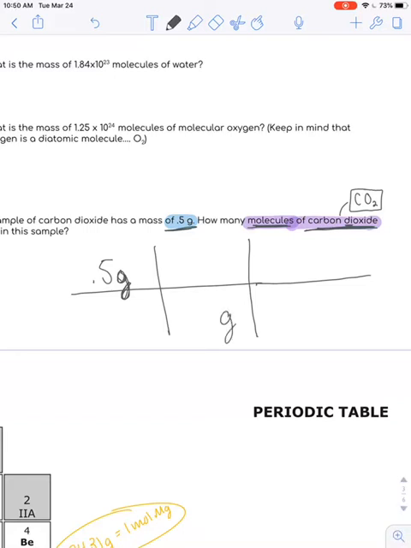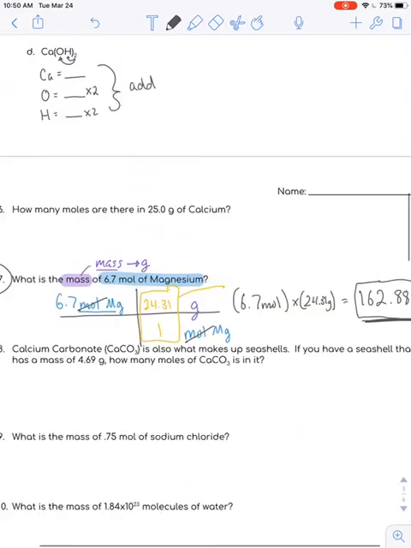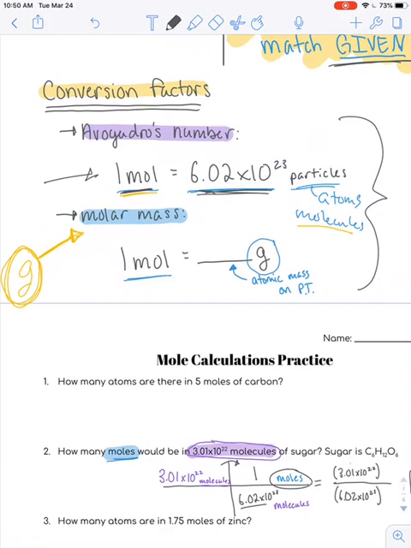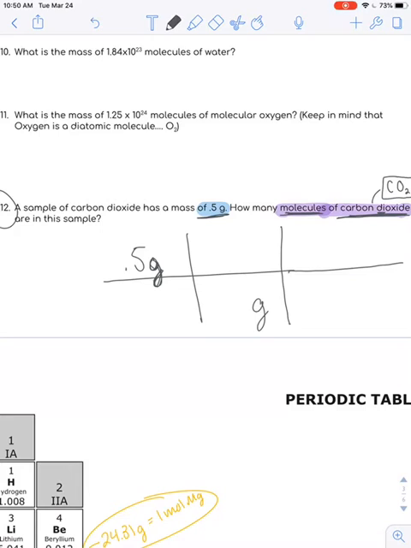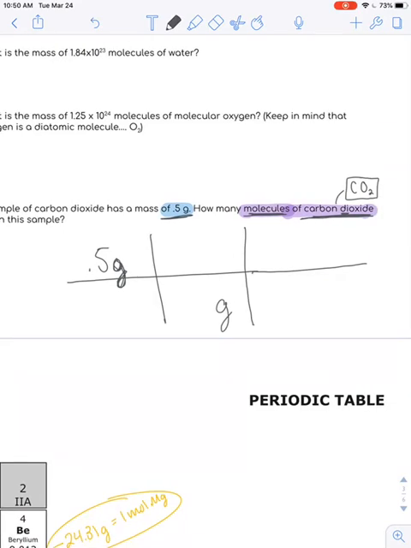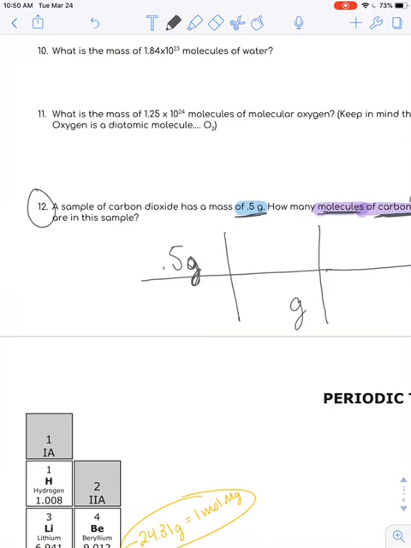And like I said earlier, if we have grams, we always need to immediately think molar mass. So molar mass and grams always go together. We need to know the molar mass of carbon dioxide, which we said is CO2.